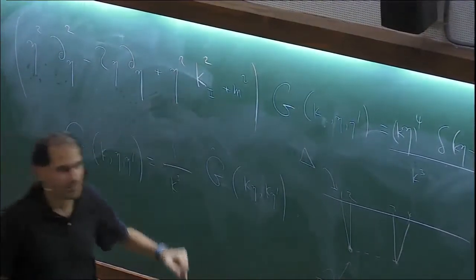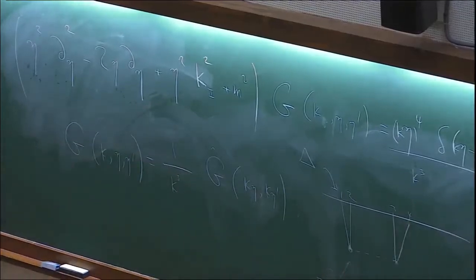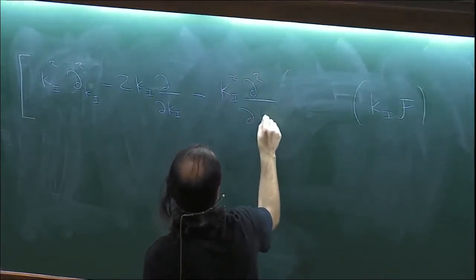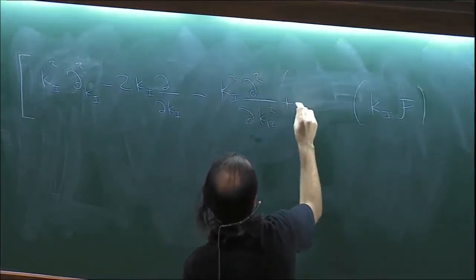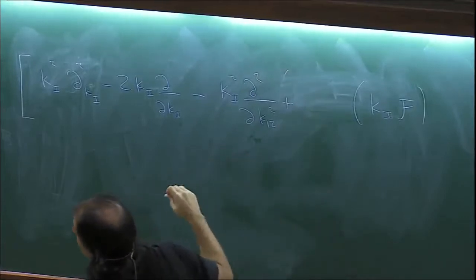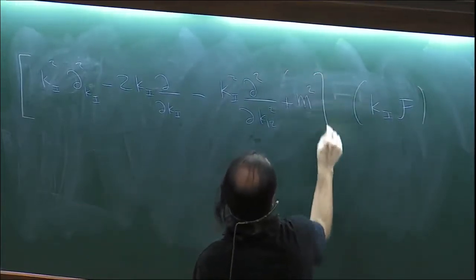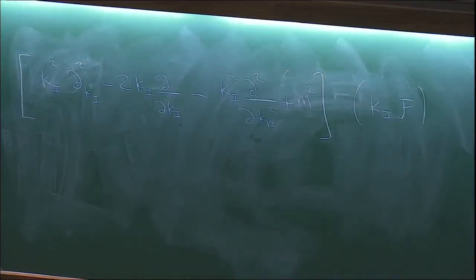So I get negative K intermediate squared, d squared by dK12 squared, then just positive m squared, on K intermediate F.